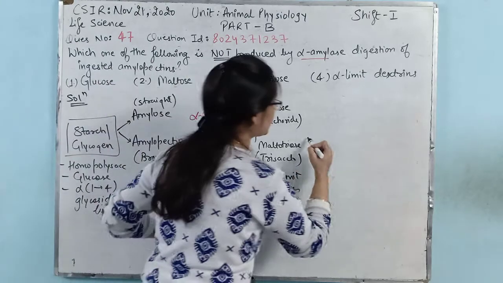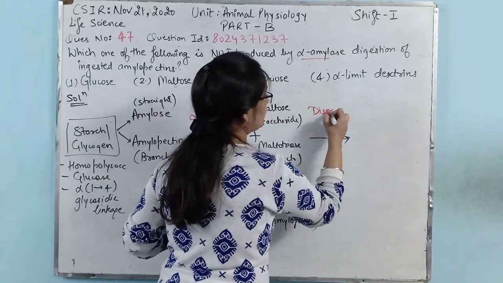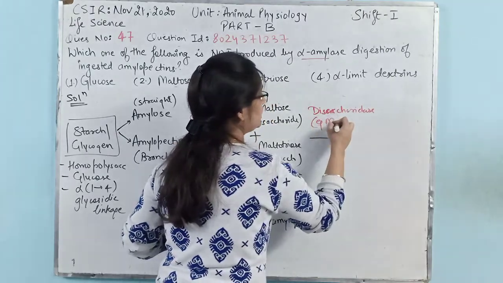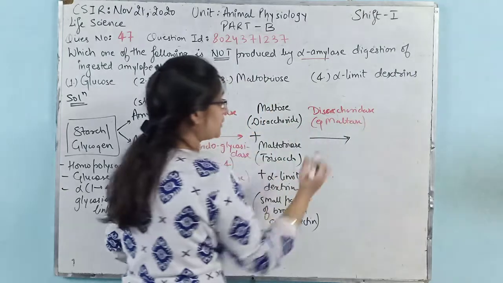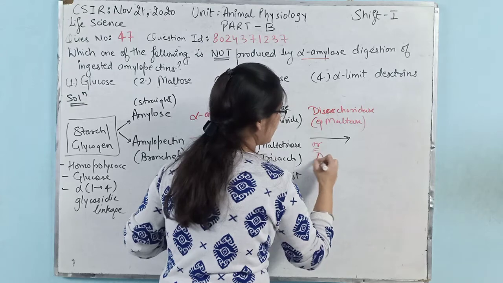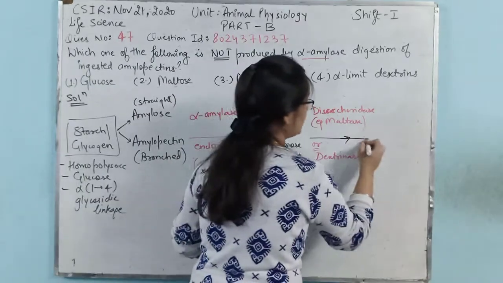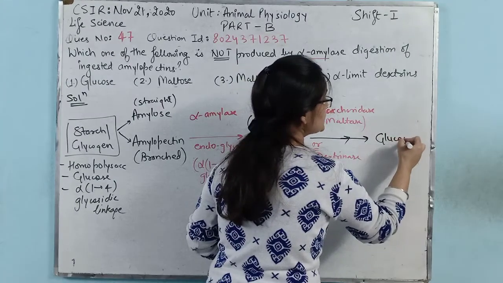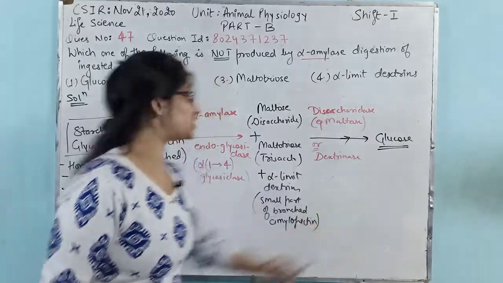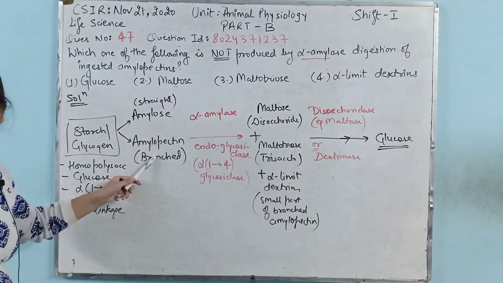To get the monosaccharide unit, these will be further digested by disaccharidase, for example maltase, or by dextrinase, which will further yield glucose as the final monomeric unit, completing the digestion of starch or glycogen, including amylose and amylopectin.